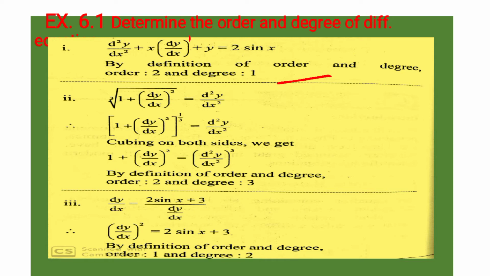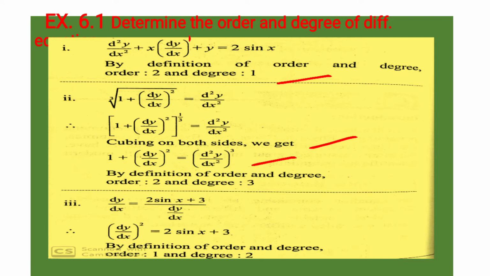So 1 plus dy upon dx square raised to 1 by 3 is equal to d2y upon dx square. Cubing on both the sides, the cube root gets cancelled from the left hand side, so it is 1 plus dy upon dx the whole square is equal to d2y upon dx square raised to 3.